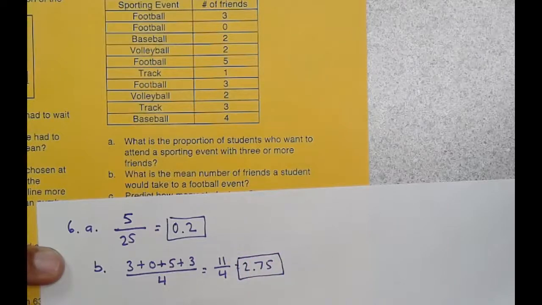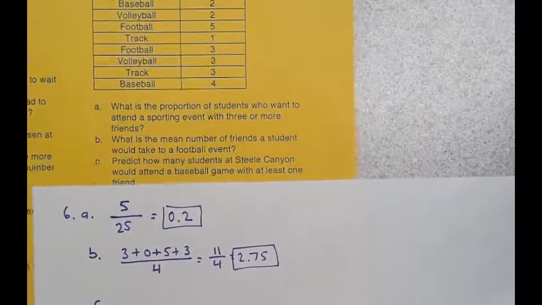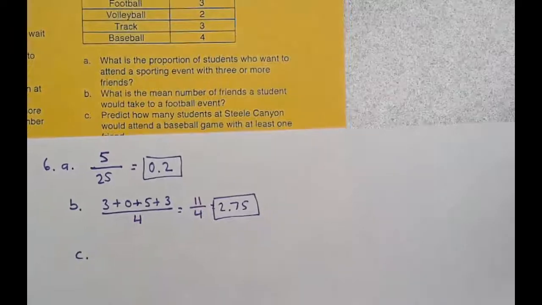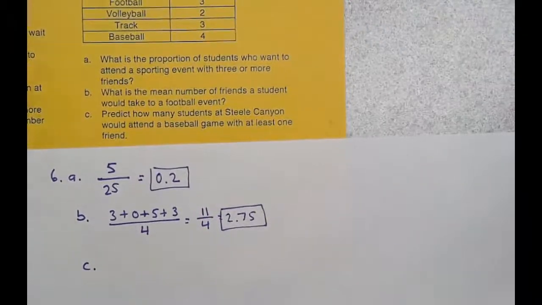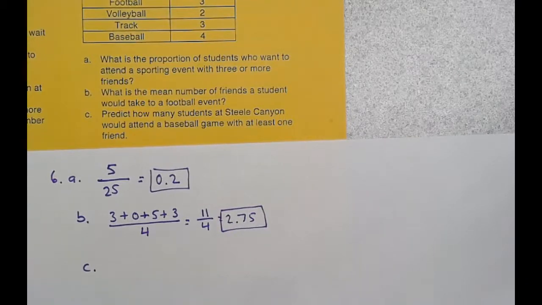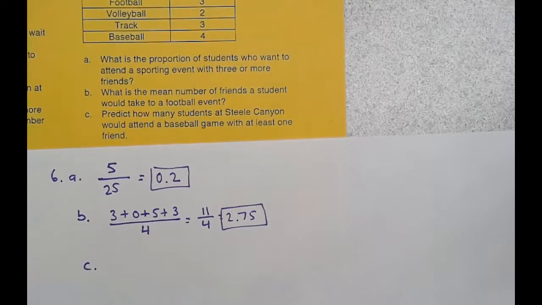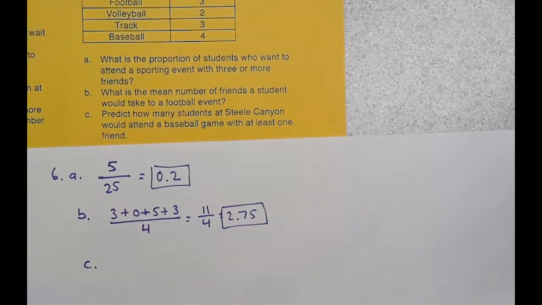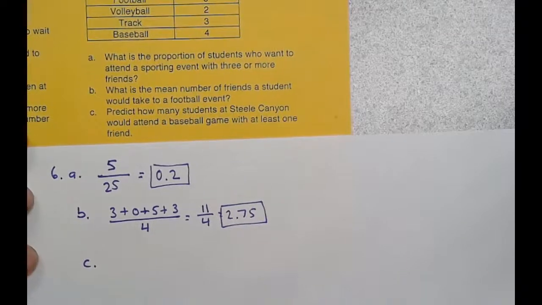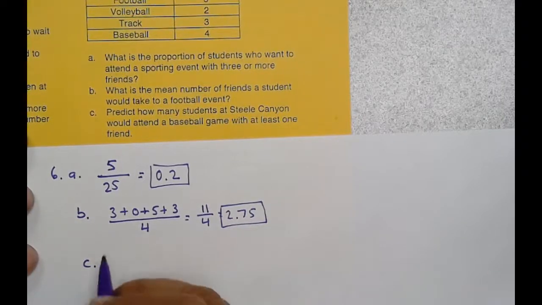Okay, and then part C says, predict how many students at Steele Canyon would attend a baseball game with at least one friend. Okay, so first of all, we're going to have to find out how many people actually wanted to attend the sporting event. So out of the 25 people surveyed, how many people actually wanted to attend a sporting event? And out of those ones, how many people wanted to attend a baseball game? So let's start off with the general part first.